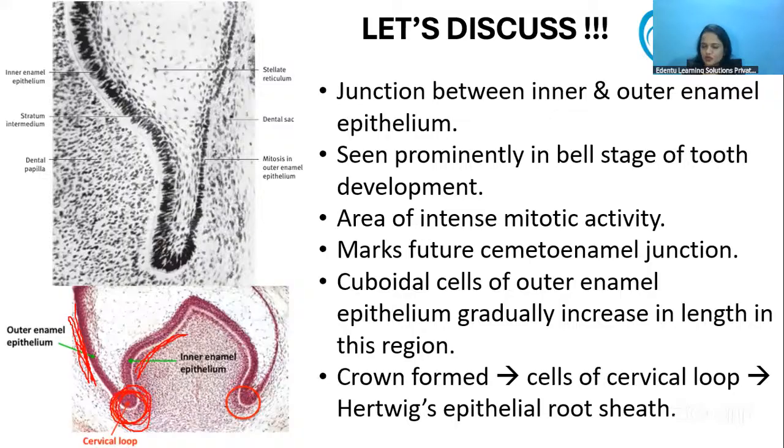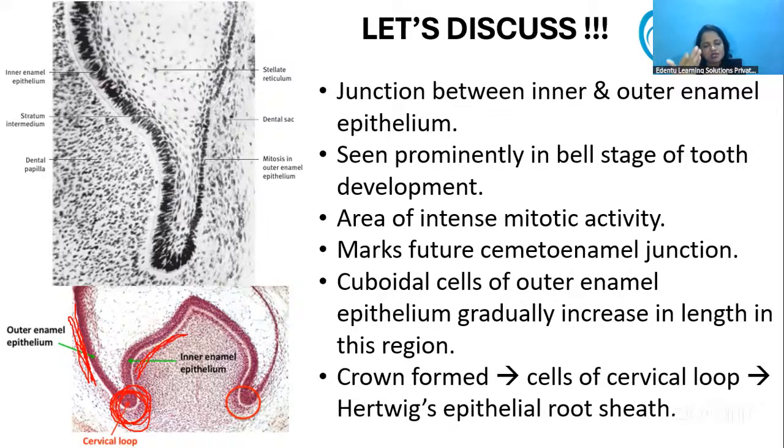This cervical loop will have only outer and inner enamel epithelial cells. It will not have stratum intermedium or stellate reticulum or the other types of cells seen in the cap and bell stage.